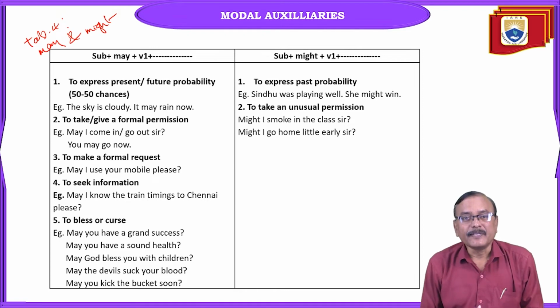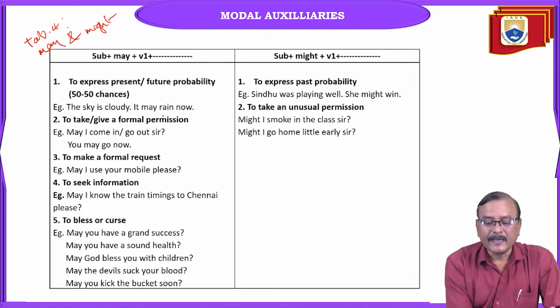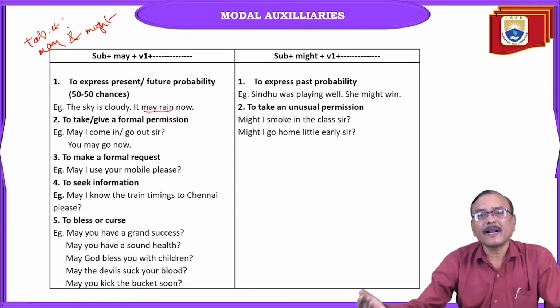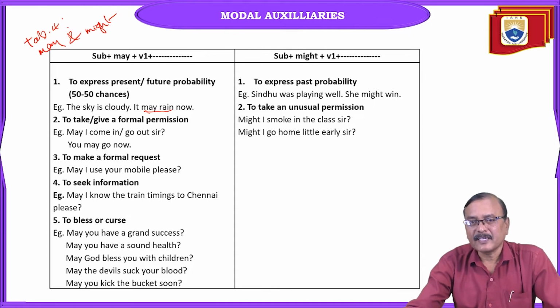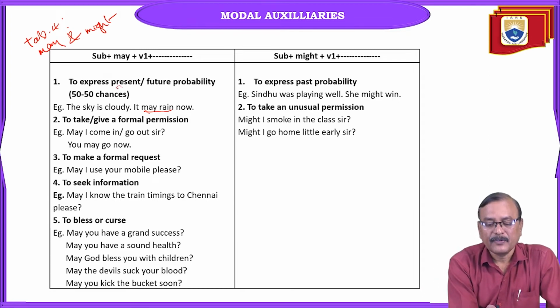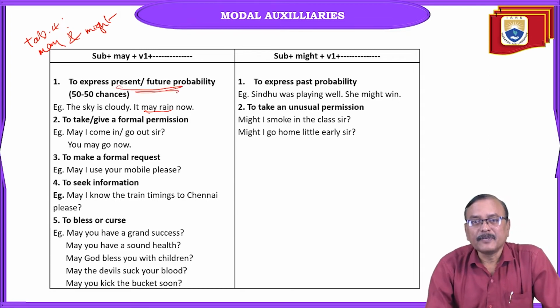The sky is cloudy. It may rain now. Okay. It may rain now means 50-50. It may rain now means it may not rain now. Both chances are there. Right? This is to express present or future probability. Not the possibility, probability. 50-50 chance. Okay? It may rain now means it may not rain now also.